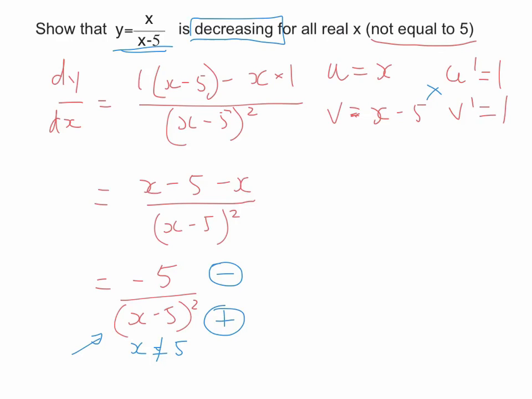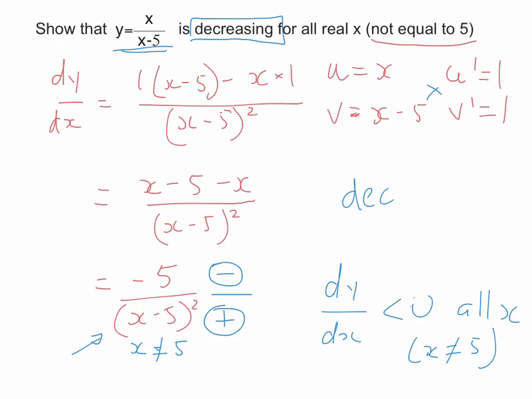Okay, so if I have a negative over a positive, my result is negative. So therefore we know that dy on dx is less than 0 for all x. And of course that's x not equal to 5. That's our restricted domain. And then therefore we are decreasing for all x.